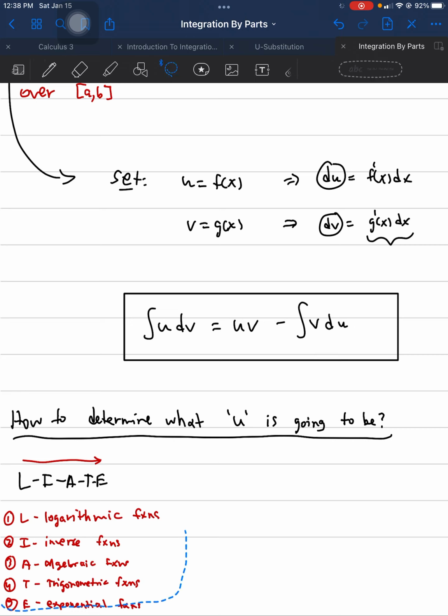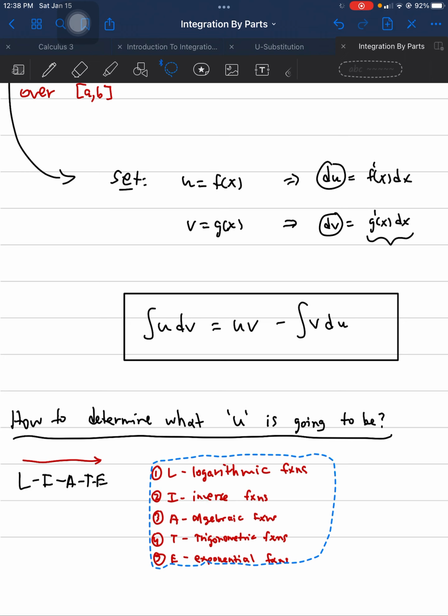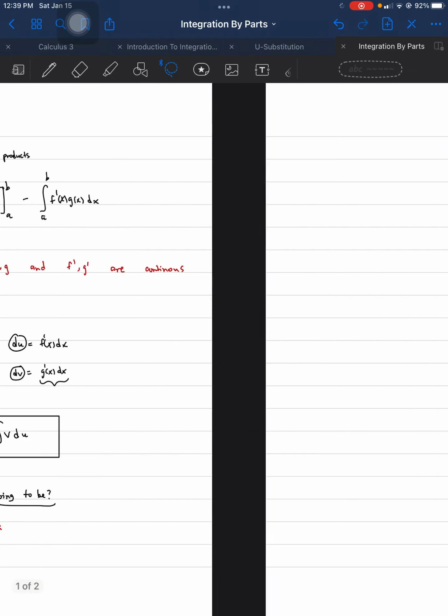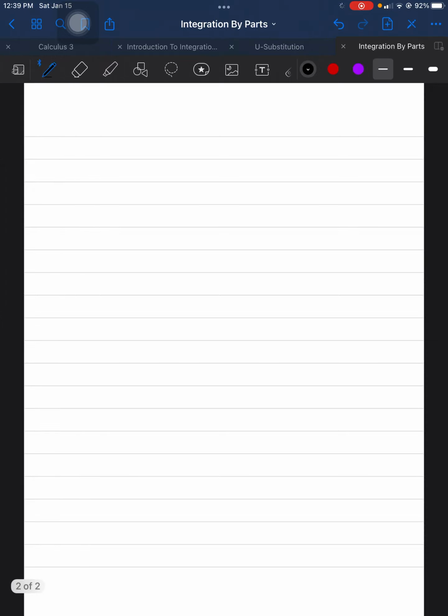And this can simplify the process when you're trying to find the definite integrals. All of the stuff I wrote on this page here is very important, and I would recommend writing all this down. It helps you simplify integration by parts while you're doing it. So let's go through a quick example.